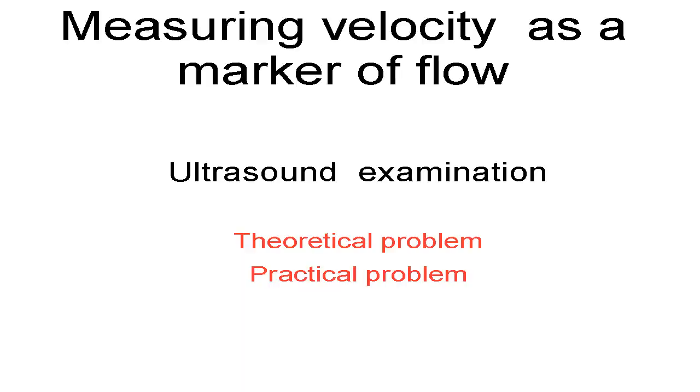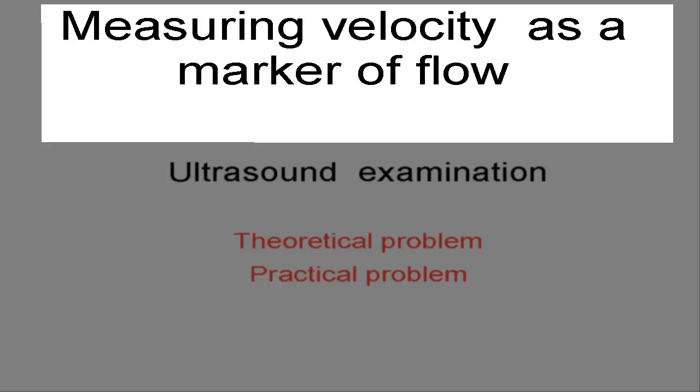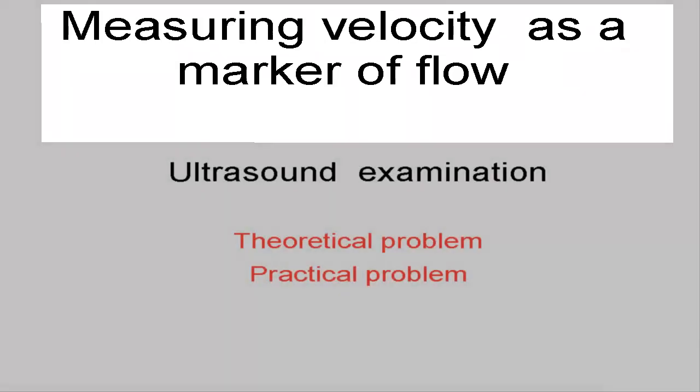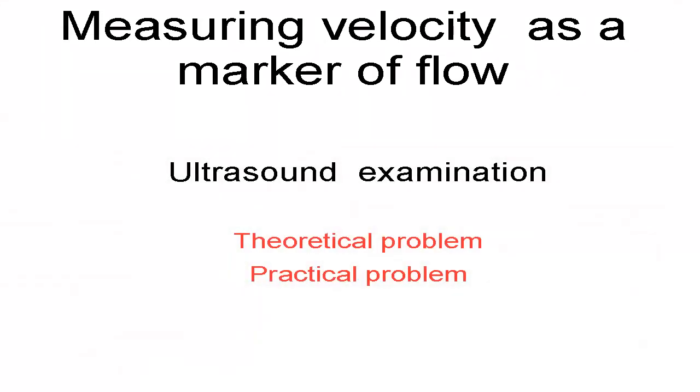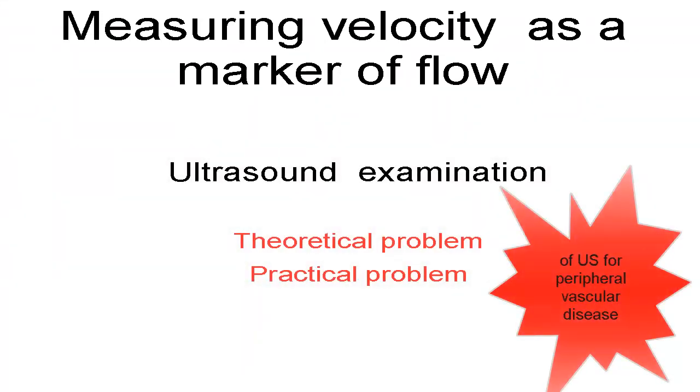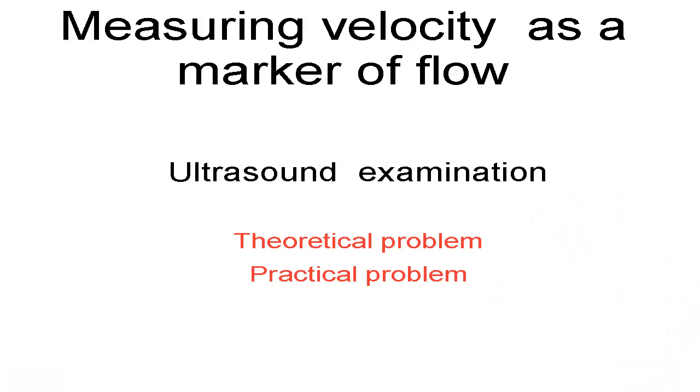In the previous picture, we explained the clinical reasoning for measuring blood velocity as a main diagnostic tool for the diagnosis of stenosis. So maybe for some of us this looks like we solved the problem of stenosis and arterial ischemia, but now we should look at some theoretical and maybe then practical problems.